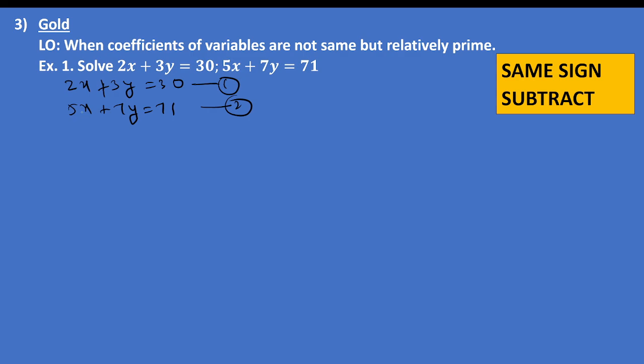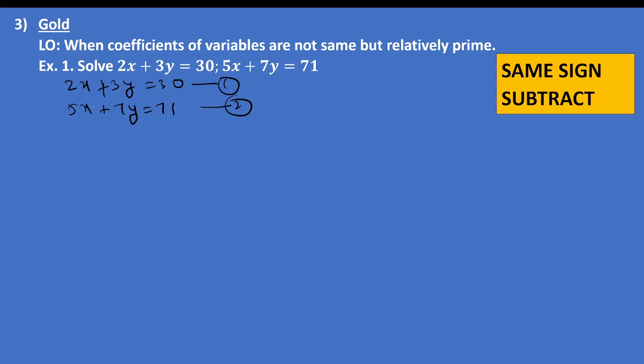To cancel out this x term, I'm supposed to multiply this entire equation with the coefficient of this x, which is 2. So it is coming out to be 10x 14y equals to 142. This is a relatively huge number. So rather than using that huge number, I prefer using this. Otherwise you could use this as well.